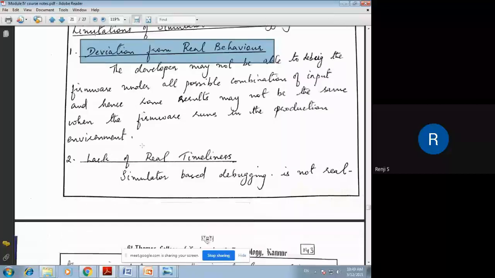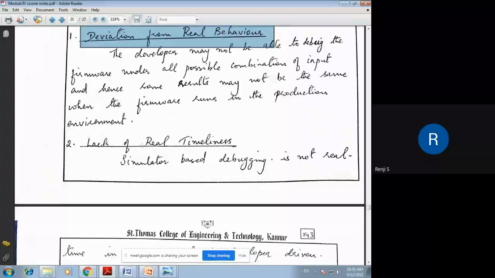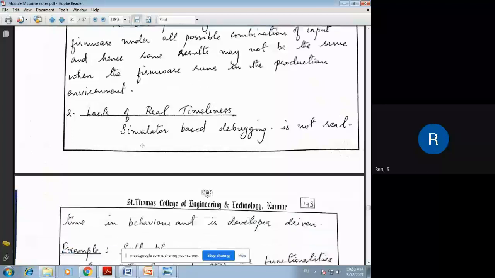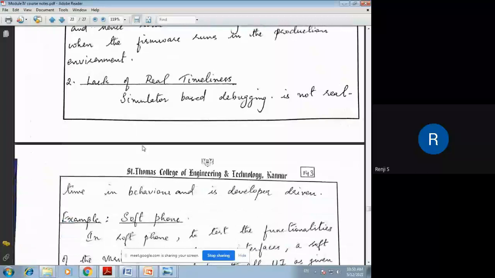That is, in the production environment, the system can get unexpected values which the developer may not have tested, and this results in deviation from the original behavior of the system, and it may even lead to big losses.